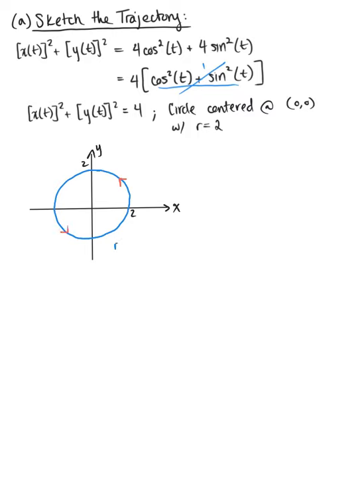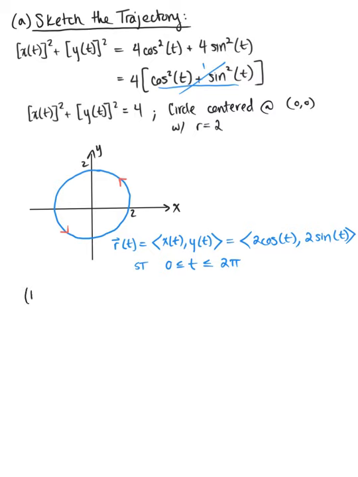This is our parametric description of the circle, vector r of t, where x of t is 2 cosine of t and y of t is 2 sine of t. We have a complete circle here, so this is for t greater than or equal to 0, less than or equal to 2 pi. So this is the path of our object in motion.